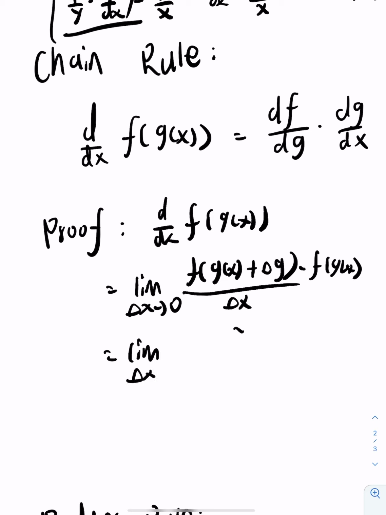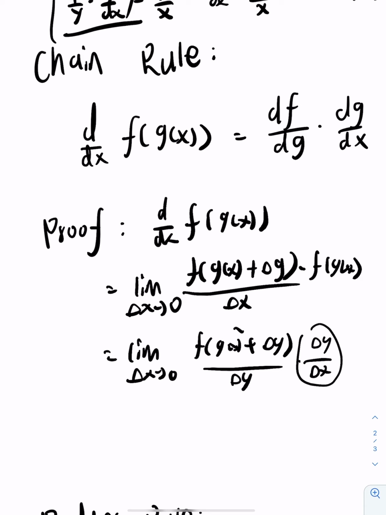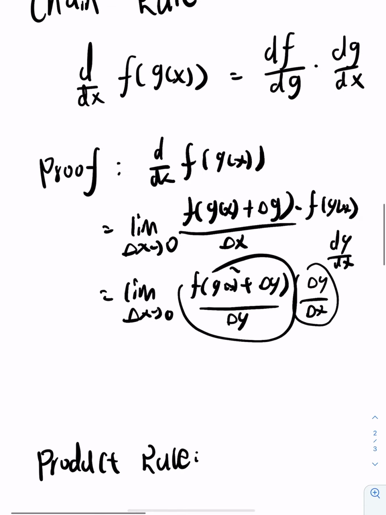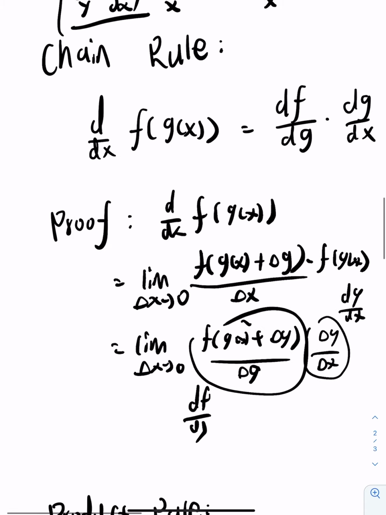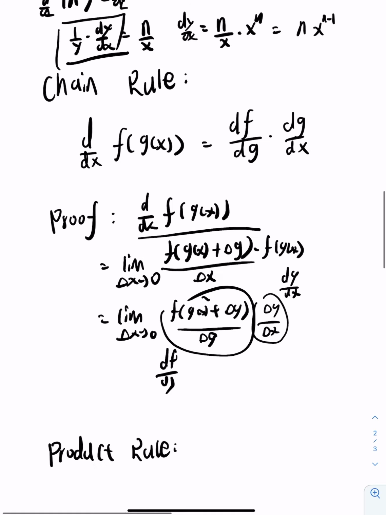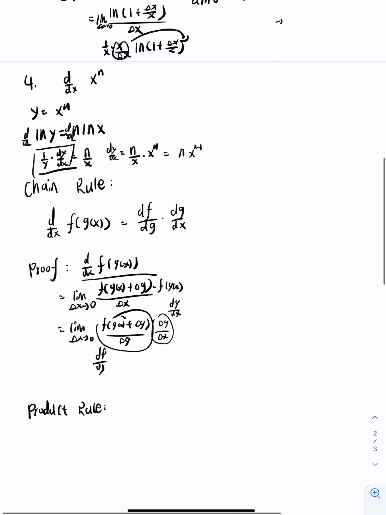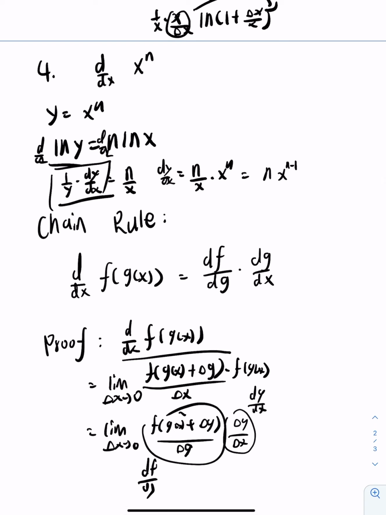This part is equal to f(g(x) plus delta g) minus f(g(x)), divided by delta g, times delta g over delta x. This part is just taking the derivative of g, dg/dx, and this part is just taking the derivative of f with respect to g. So this proves the theorem. And for this part, we just take d/dx of ln y equal to d/dy of ln y times dy/dx.